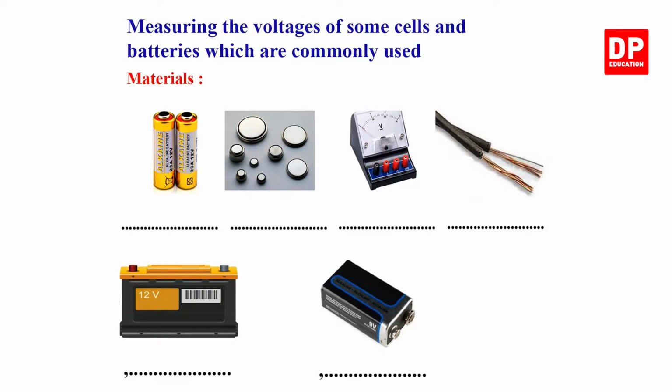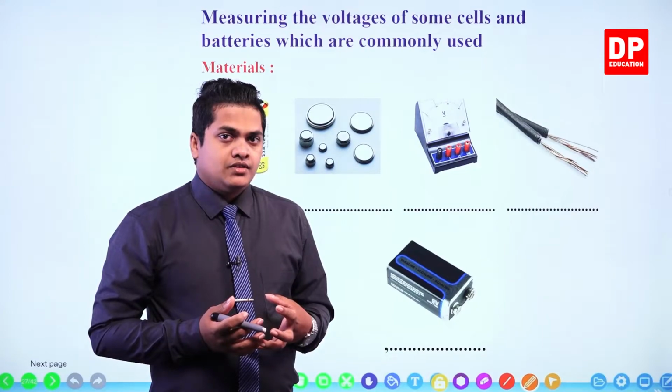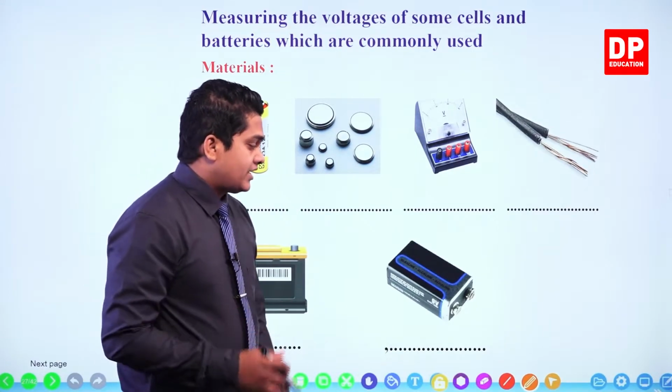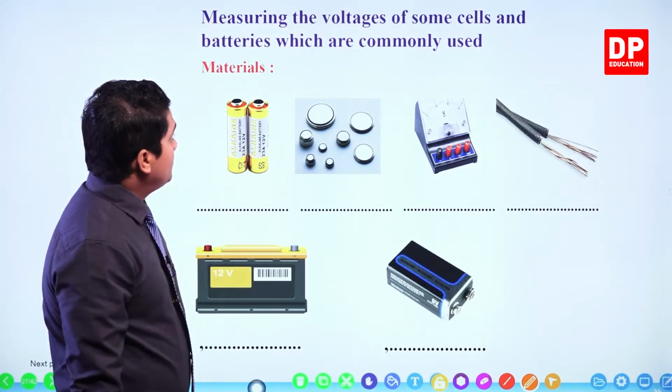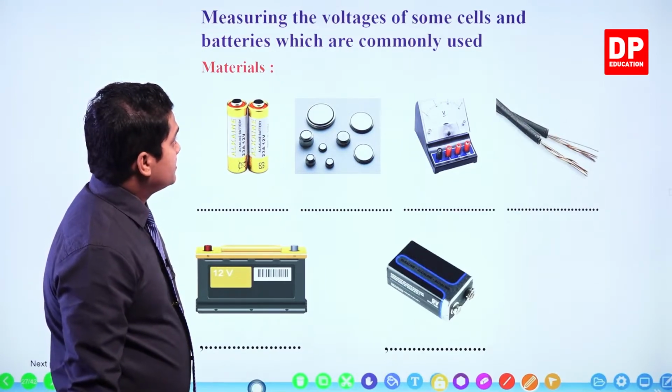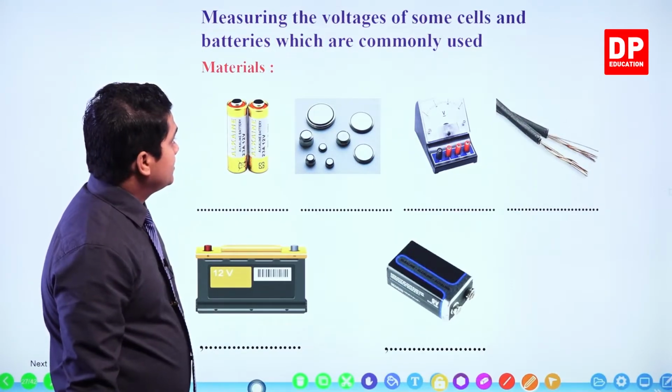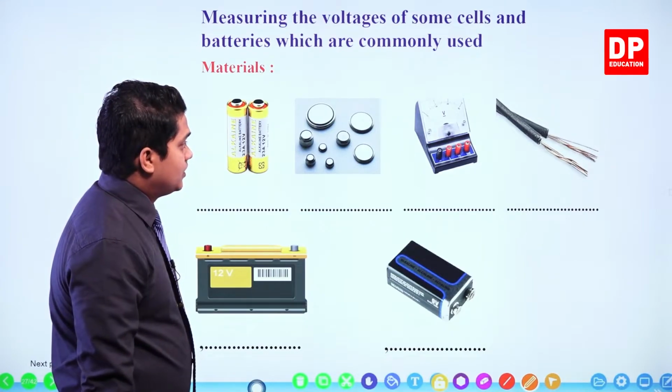So my dear children, now we are about to measure the potential difference or the voltage, right? Here you are given an activity: measuring the voltages of some cells and batteries which are commonly used.